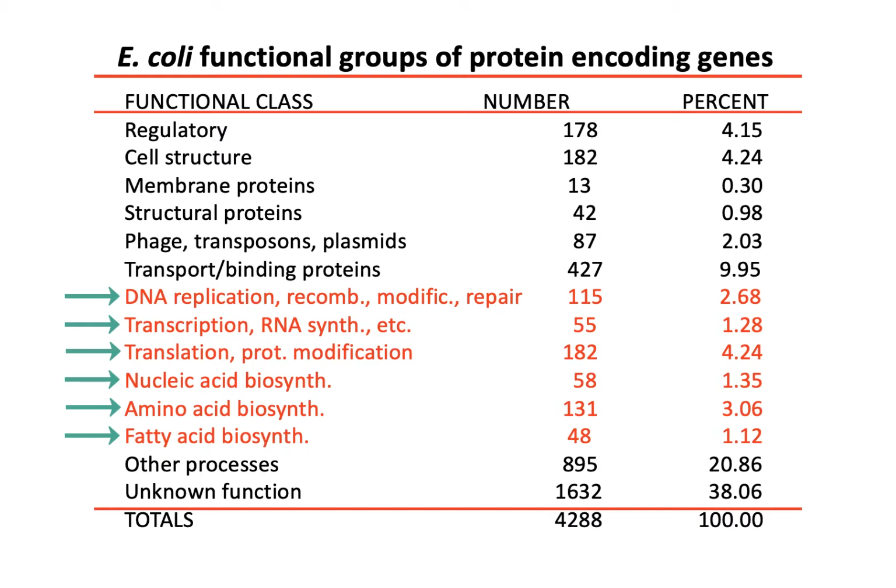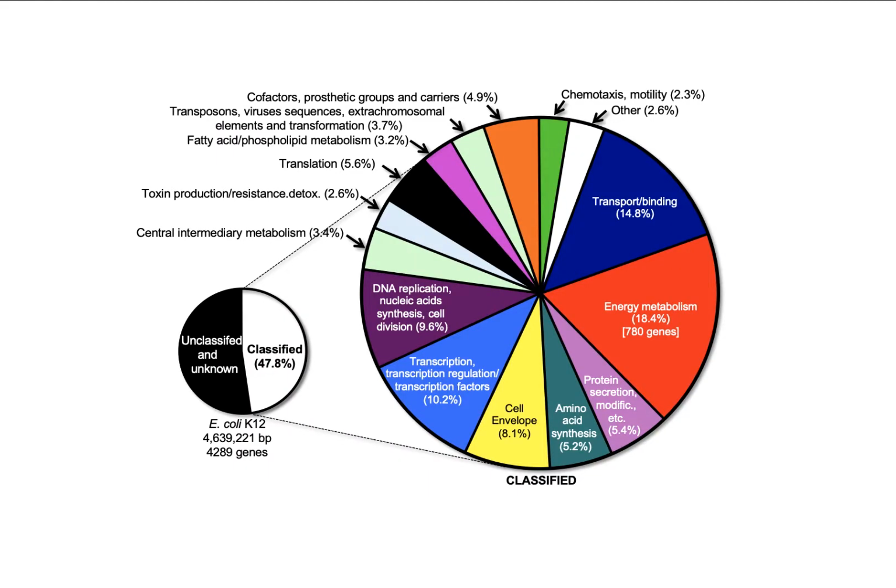Here's a pie chart showing the different functional groups of genes within the genome of E. coli. Down on the lower left, you can see in this particular analysis, about 50% were classified and 50% were unclassified. The largest category is energy metabolism.